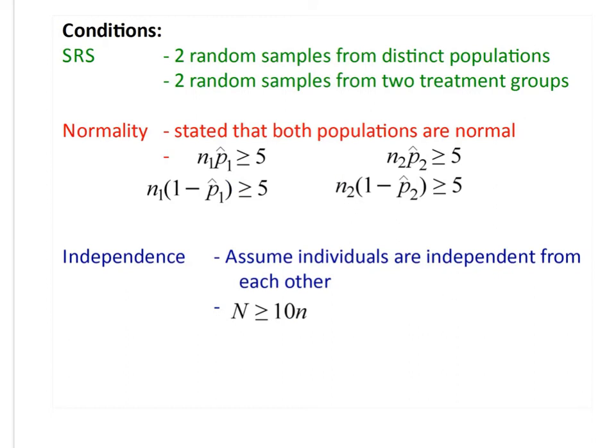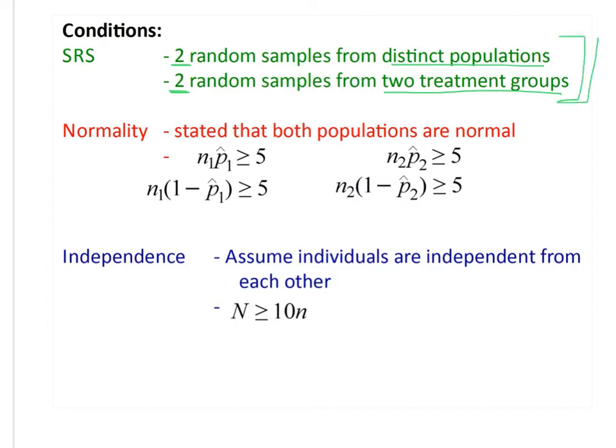Break down step 2 real quick. So step 2 is my conditions. So the first condition is a random sample. Well, since I have 2 different samples that I'm looking at, they both have to be random, either from 2 different populations or 2 treatment groups within the same population.